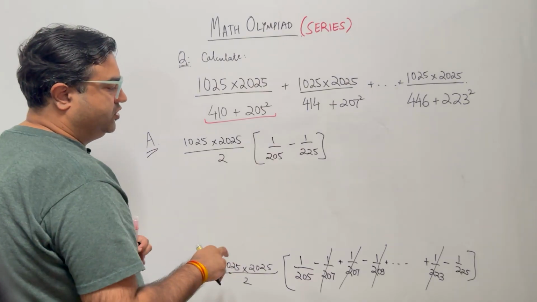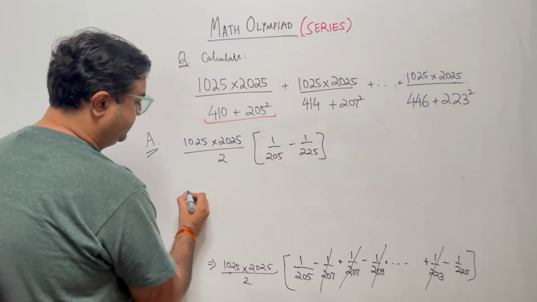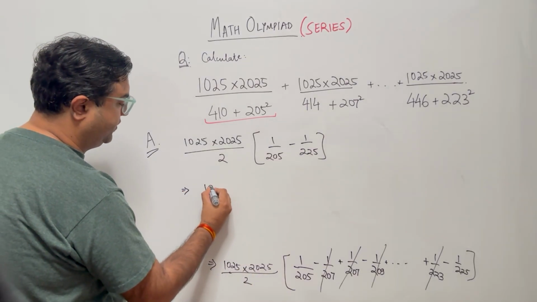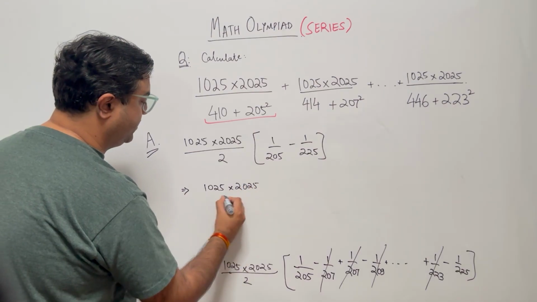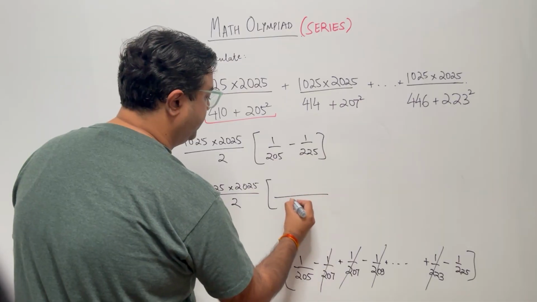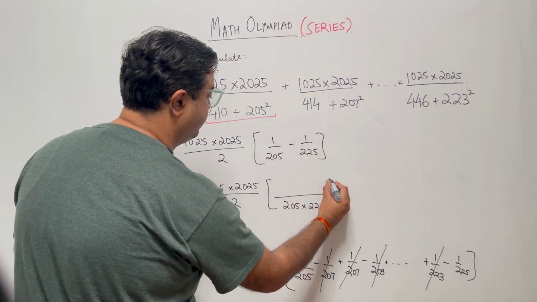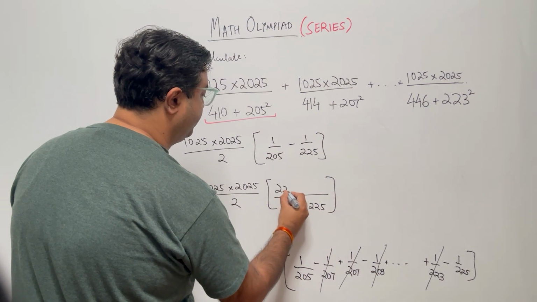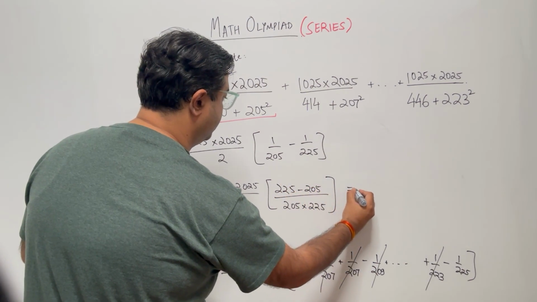Okay, so let's take them together. It will be 1025 times 2025 divided by 2, and then we take the common denominator 205 times 225, and on the top we'll have 225 minus 205.